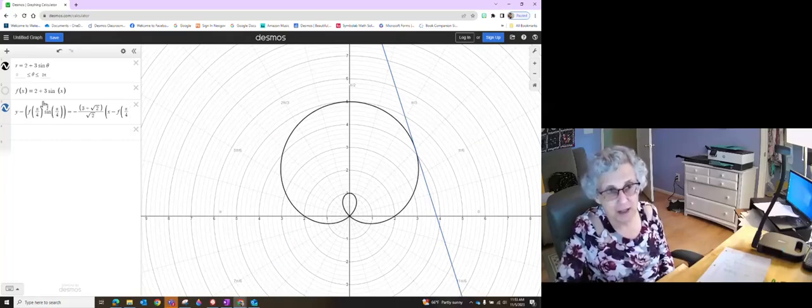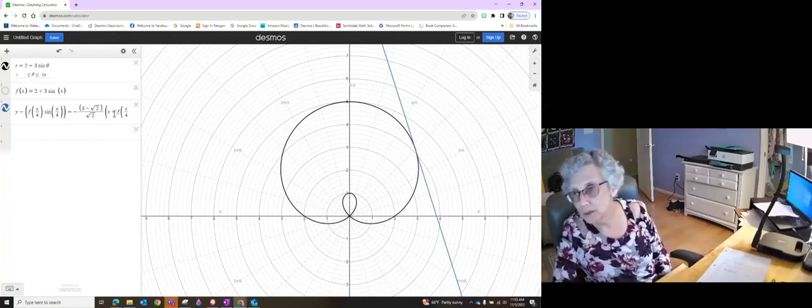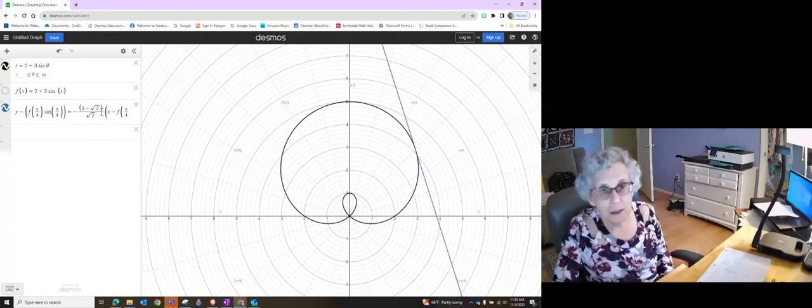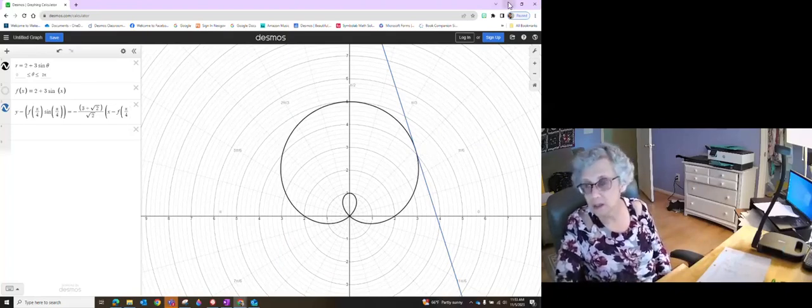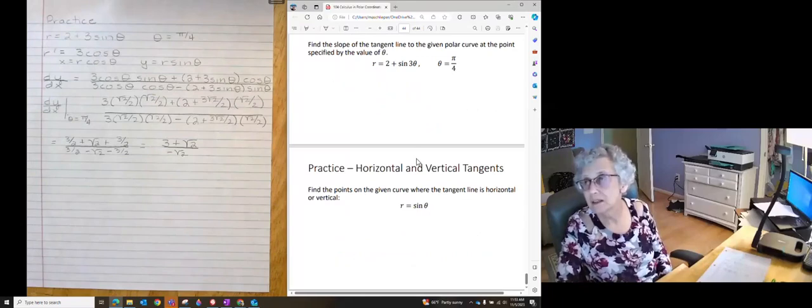So this is my y coordinate when theta is equal to pi over 4. You can see right here. And here is my x coordinate. So I have y minus my y coordinate is equal to slope times x minus my x coordinate. And yeah, it actually is the tangent line, the slope of the tangent line there.